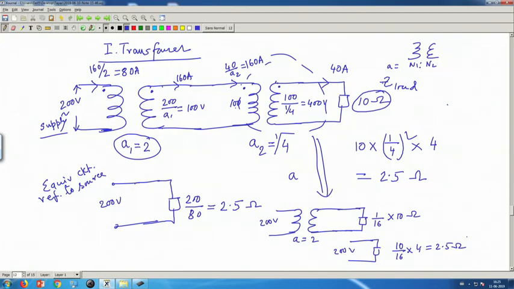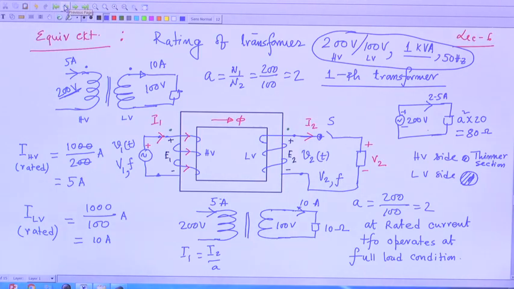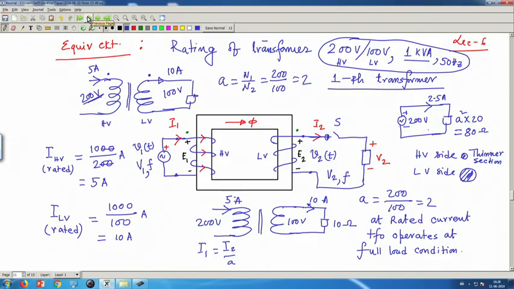So far what I have done is this, that in the rating of a transformer, this is very important, KVA remains same on both primary and secondary, and LV side current will be very large. Therefore, cross sectional area of the wire with which you make this LV winding will be larger compared to the HV side.